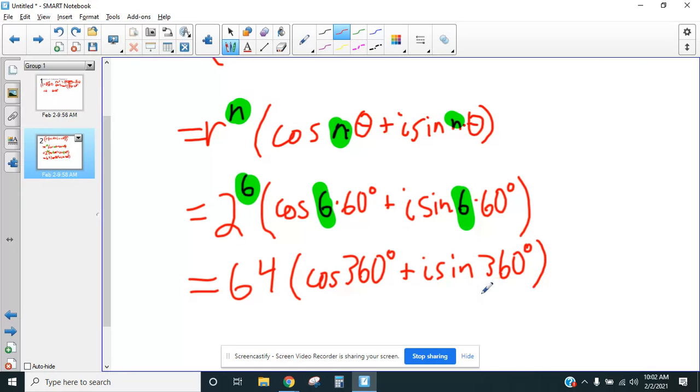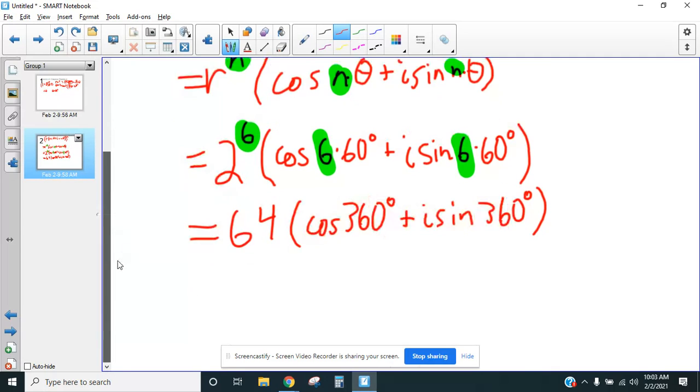Now I want to go back to the question. Alia, this is on yours. What's the question say? Answer must be exact. So now we've got to take it back into rectangular form, which isn't hard. This is the easy part. Tell me, what's the cosine of 360? You can use your calculator, or we can look on the unit circle.